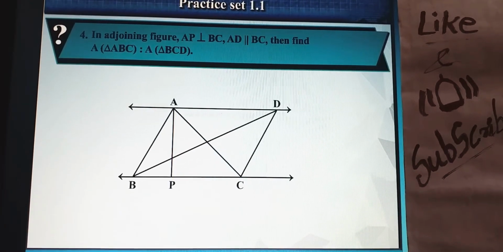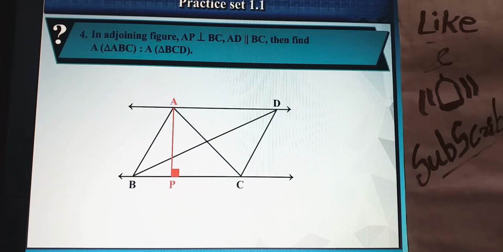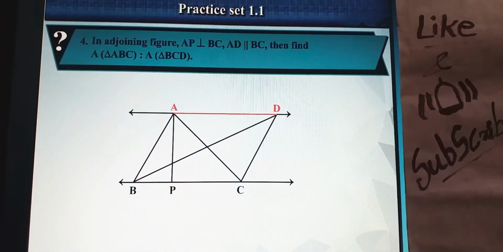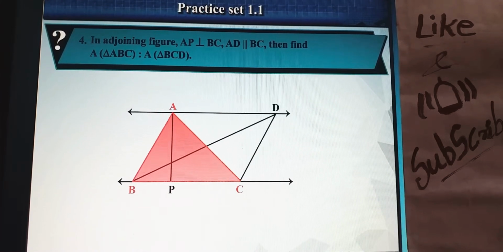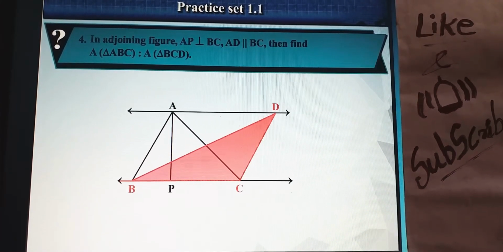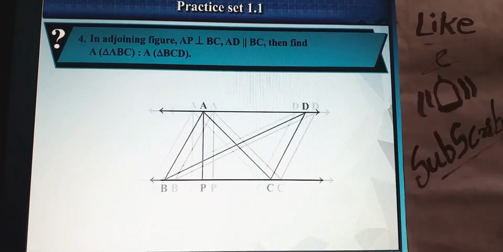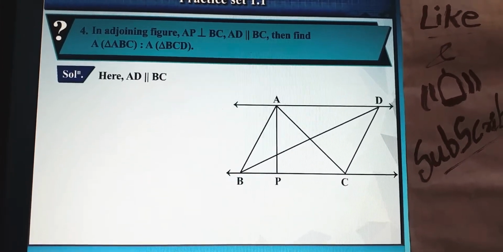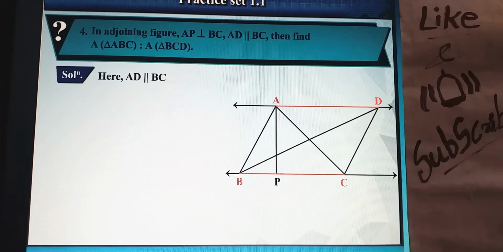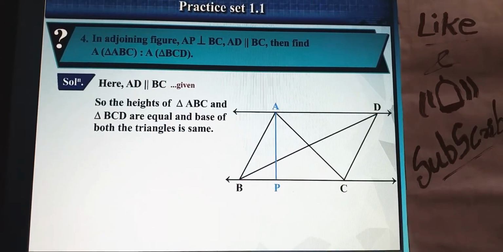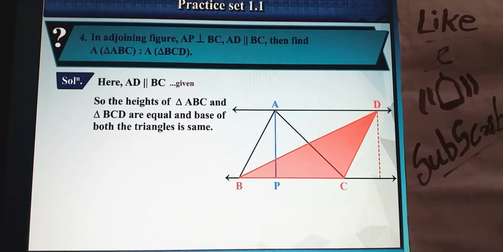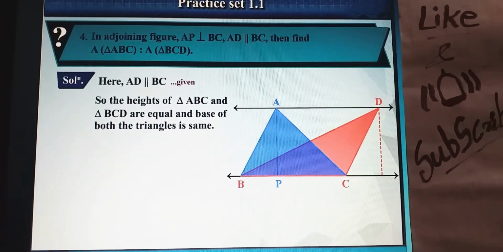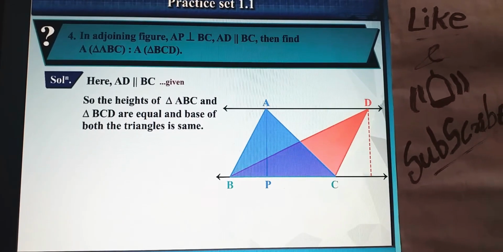4. In the adjoining figure, AP is perpendicular to BC. AD is parallel to BC. Then find area of triangle ABC is to area of triangle BCD. Solution. Here AD is parallel to BC, given. So the heights of triangle ABC and triangle BCD are equal and the base of both the triangles is the same.